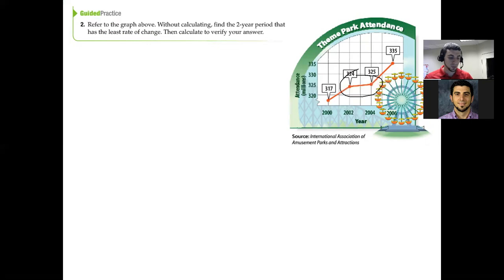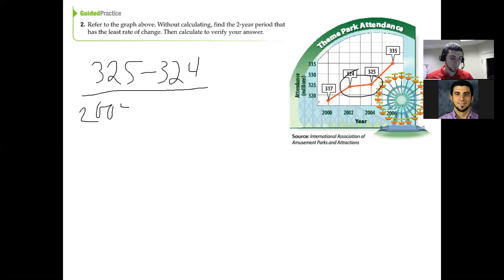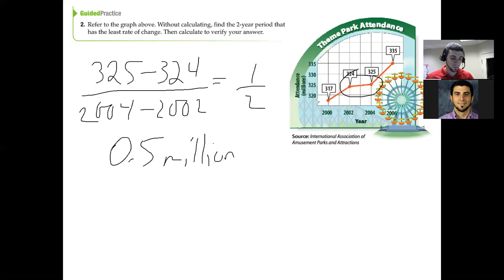Now the rate of change, you would do 325 minus 324 over 2004 minus 2002, which gives us 1 over 2, or 0.5 million people per year. So for that section, on average, 500,000 more people per year went to theme parks than the previous year.